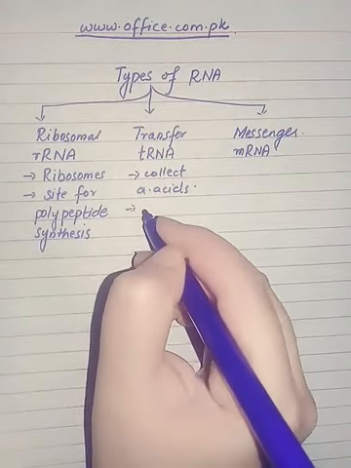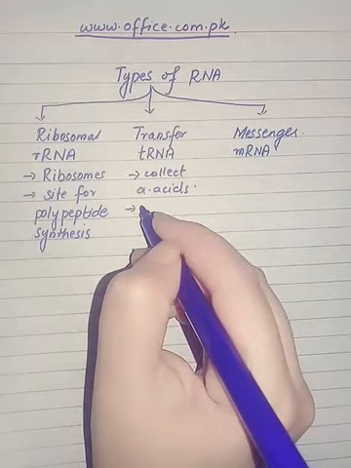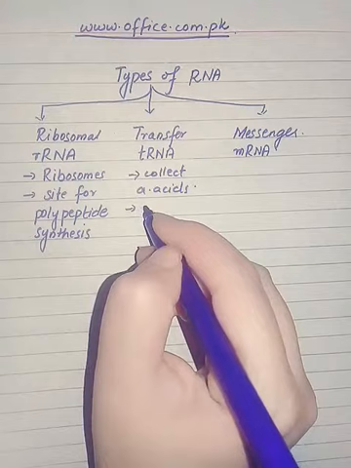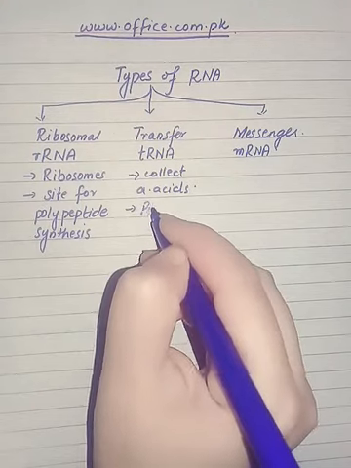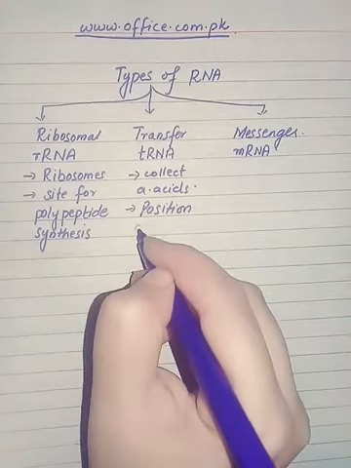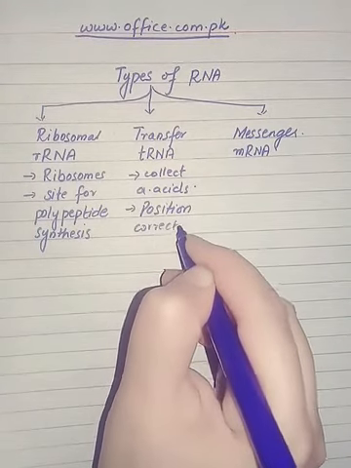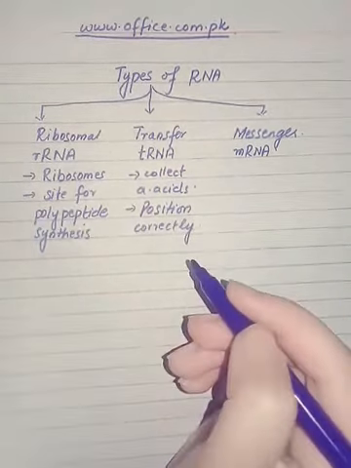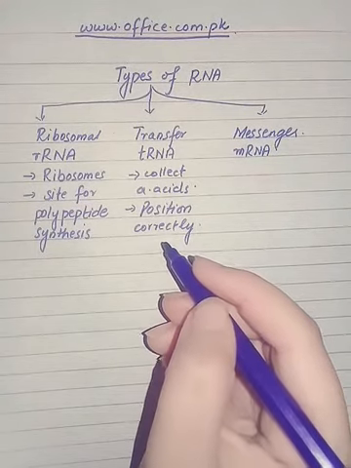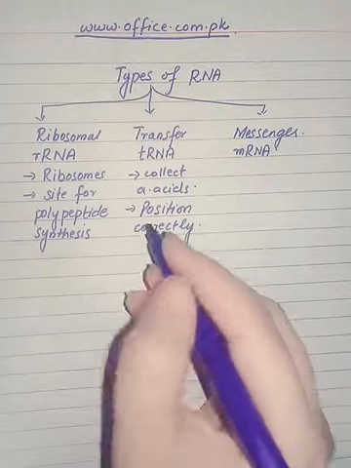Then they take the amino acids to the ribosomes, to the growing polypeptide chain, and also position the amino acids correctly according to the instructions that are received from the DNA.